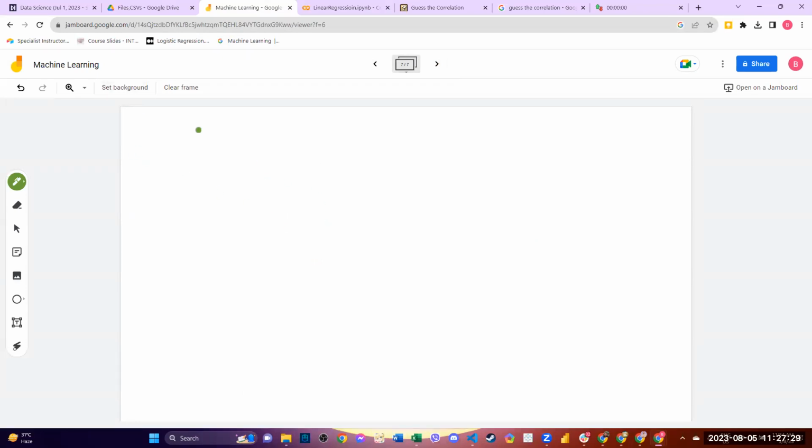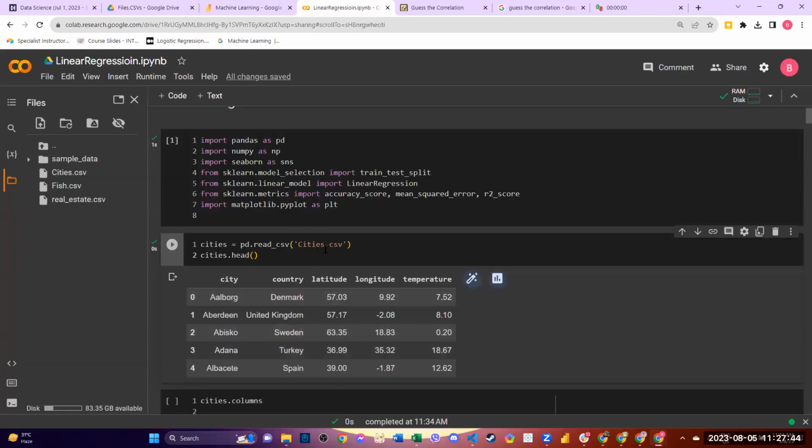So we need to get our independent variables, our x1 until xn, right? So in our example, which is cities.csv, we need to know the numerical values to be used in our linear regression. So we can use latitude, longitude, temperature.